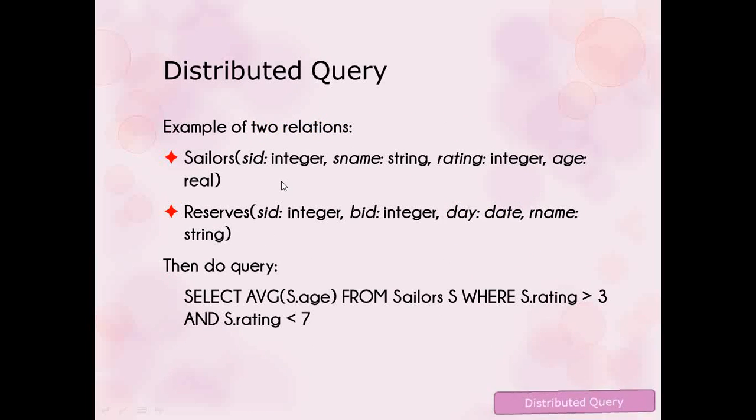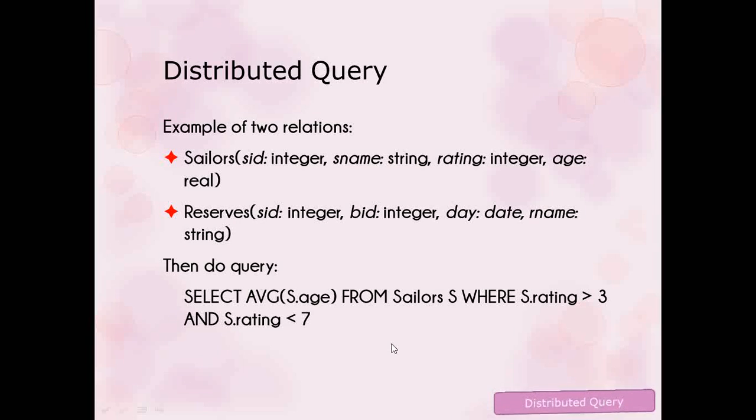And here is the Reserves table, where sid is an integer, bid is an integer, day is a date, and rname is a string. Then do the query: select average age from Sailors S where S.rating is greater than 3 and S.rating is lower than 7.